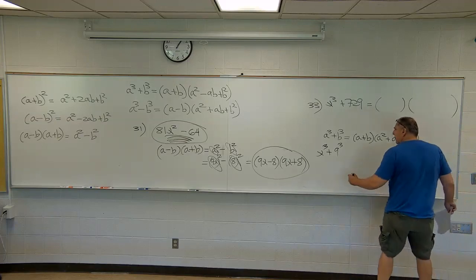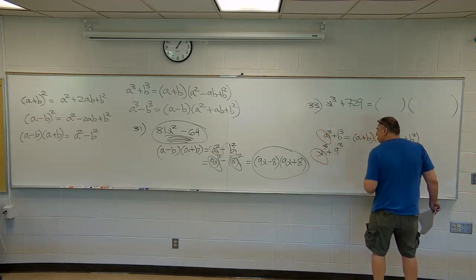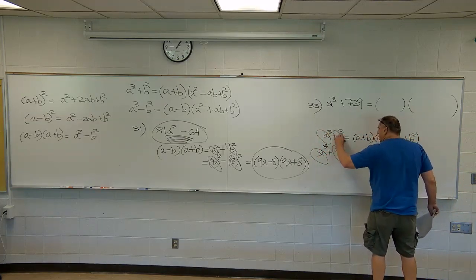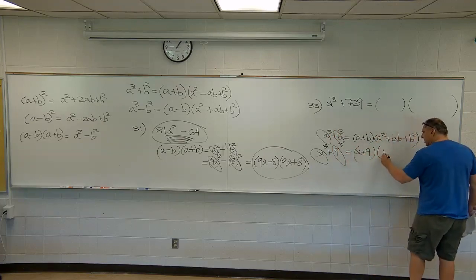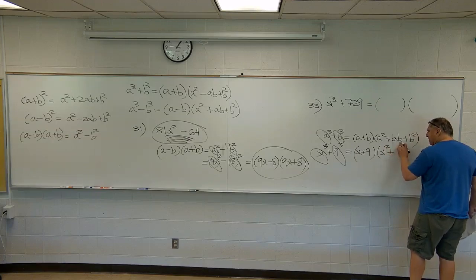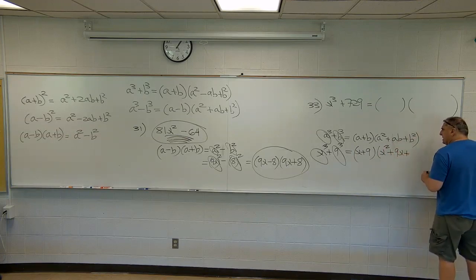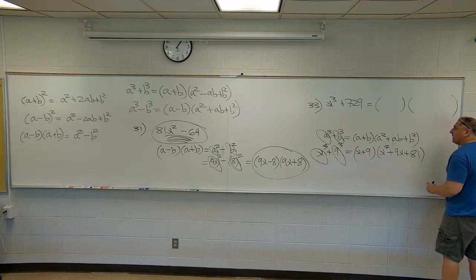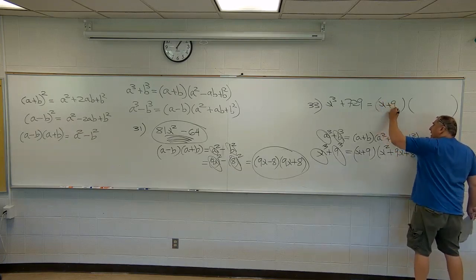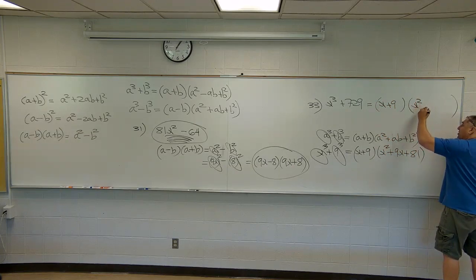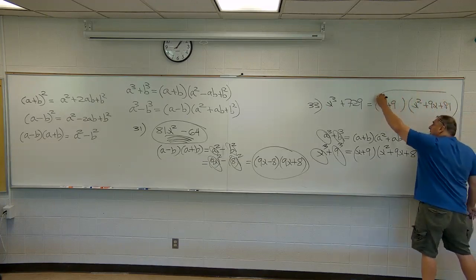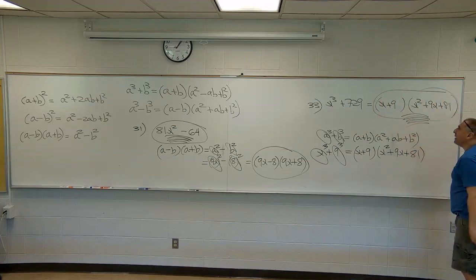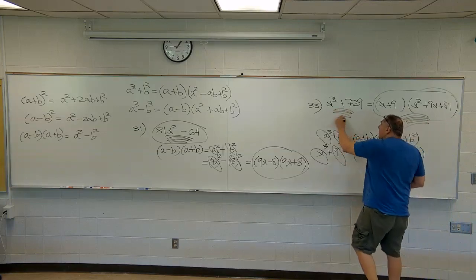Okay, that works. x looks like a, and 9 looks like b. x looks like a, that's 9x. b is 9, square it, you get 81. That's it. x plus 9, times x squared minus 9x plus 81. And that's how the factorization goes.